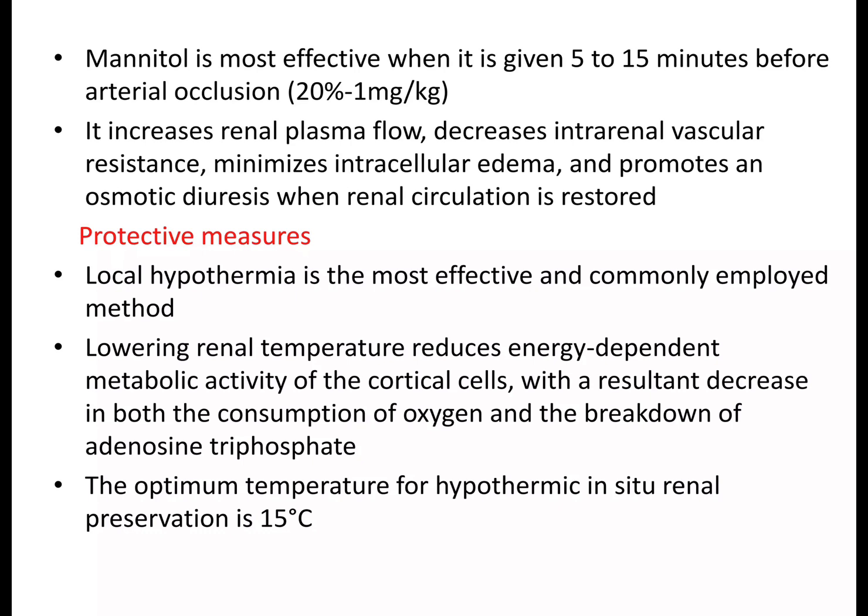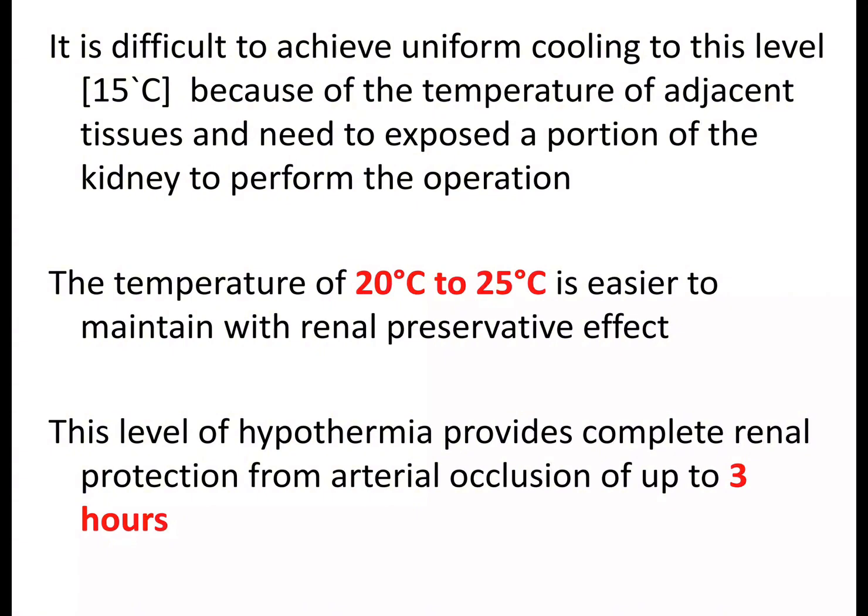And the optimum temperature for hypothermic in situ renal preservation is 15 centigrade. But you know, when we are putting that 15 centigrade, it can shift to the adjacent structures. So that's why we are giving around 20 to 25 centigrade to achieve at least 15.